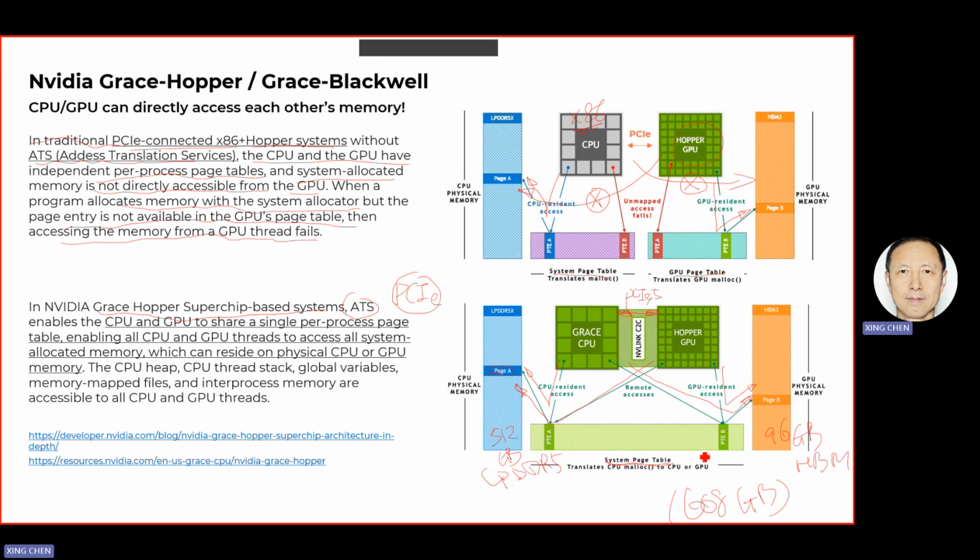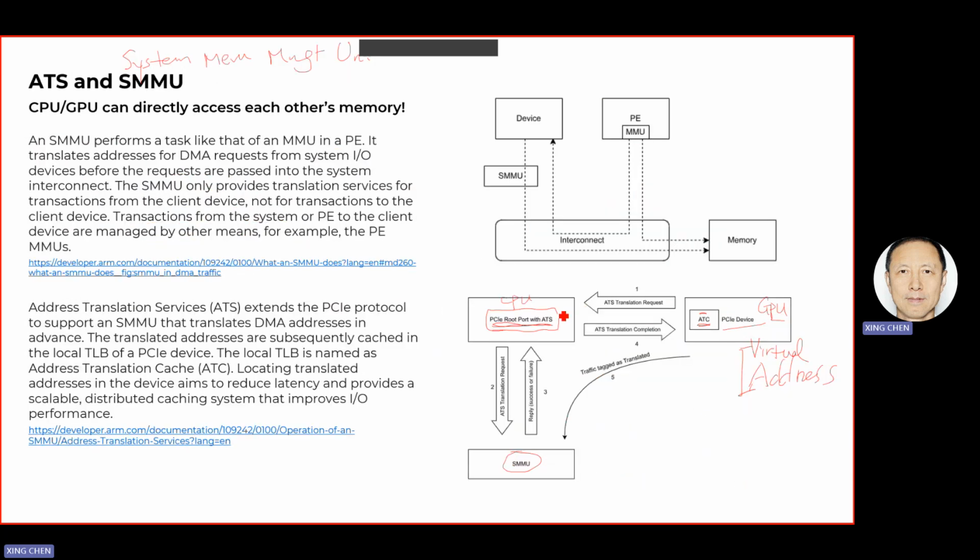But basically, the unit which is going to do the translation for GPUs is this SMU. The SMU, for sure, should be able to consult this page table. So here are the documents from the ARM website.